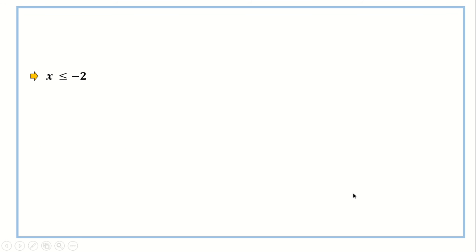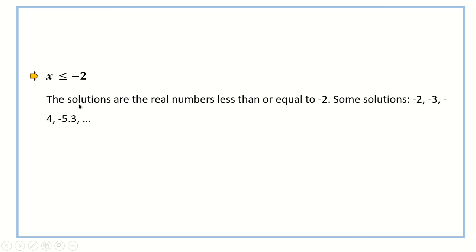Okay? We look at another one. We have x is less than or equal to -2. Now, when we say less than or equal, it implies that -2 is included. Now, the solutions are the real numbers less than or equal to -2. Some of them are -2, -3, -4, -5.3, and many others.